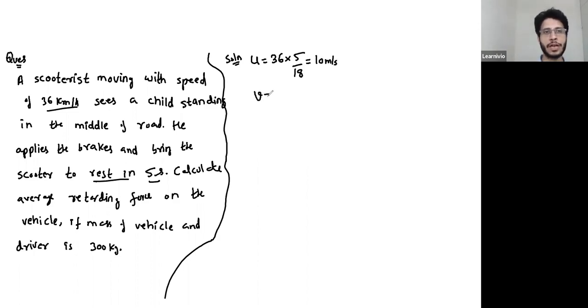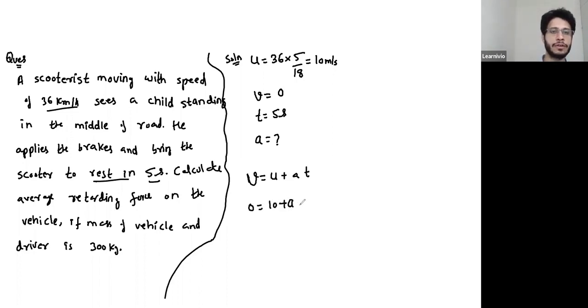It comes to rest, that means final velocity is 0. The time taken is 5 seconds. So acceleration, you can use this equation: v is u plus at. So v is 0, u is 10, a is not given, t is 5.